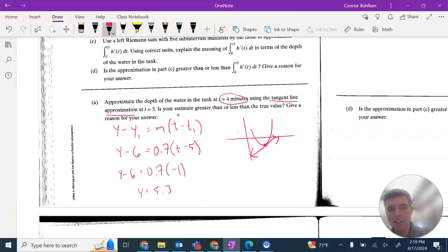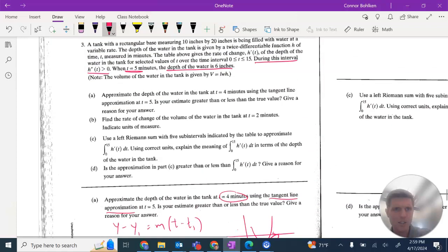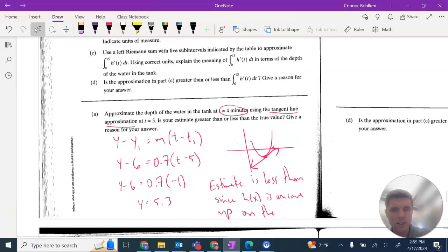So is my estimate greater than, I would say the estimate is less than, since h of x is concave up on the interval. Is it an interval? Yeah, on the interval from 0 to 15.